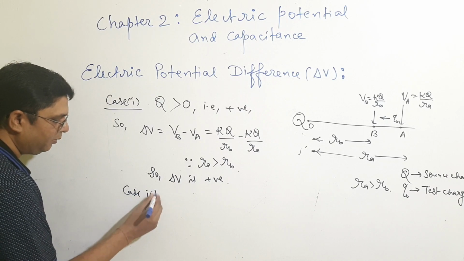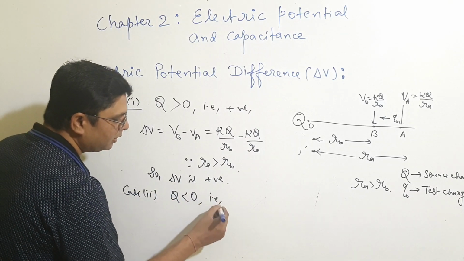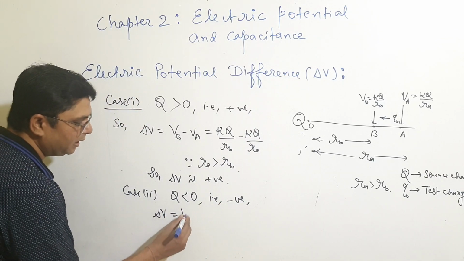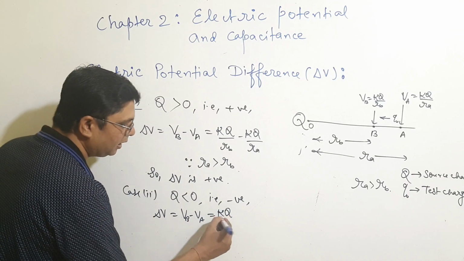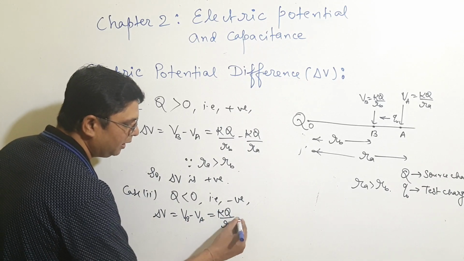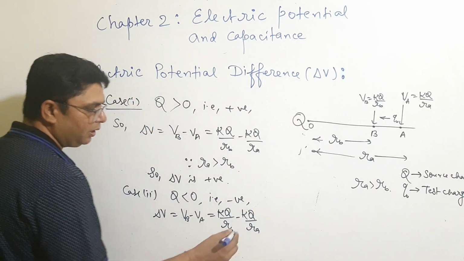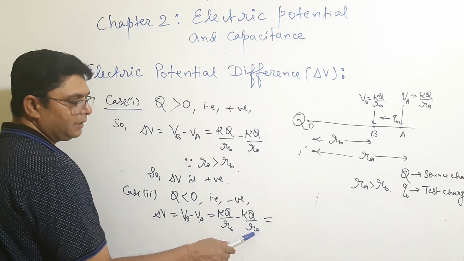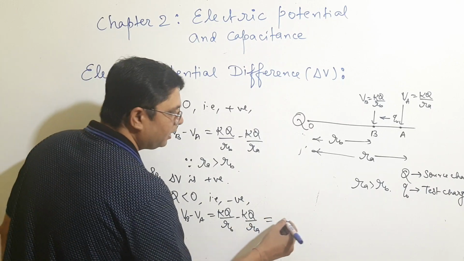Case number 2, Q is less than 0, that is negative. Then delta V is again VB minus VA, which is equal to KQ by RB minus KQ by RA. Now in this situation, RA is greater than RB, so the answer comes to be negative.